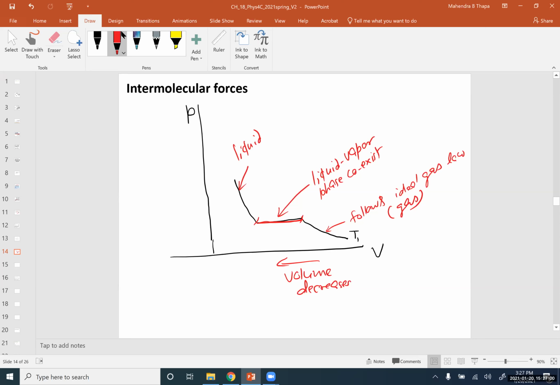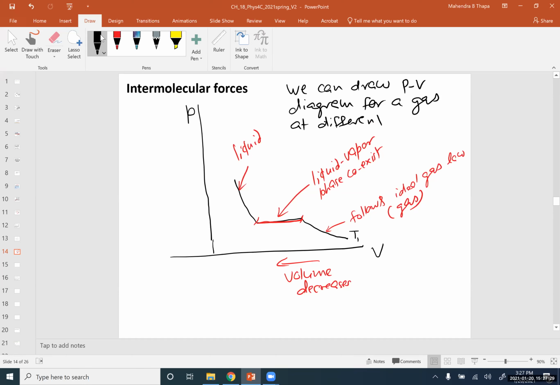Okay, so this kind of plot we can use for different temperatures. We can draw a PV diagram for a gas at different temperatures.